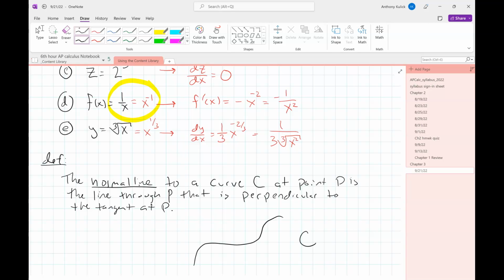So let's say that this is our curve C, and let's say that this is our point here. So our tangent might look something like that. Got away from me a little bit. Everybody's okay there? So there's a tangent through P. Our normal then is going to look like that.